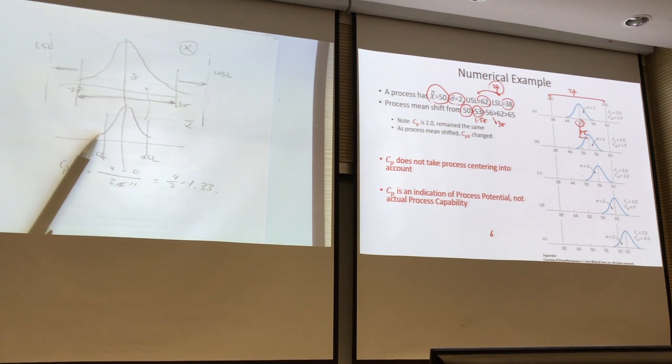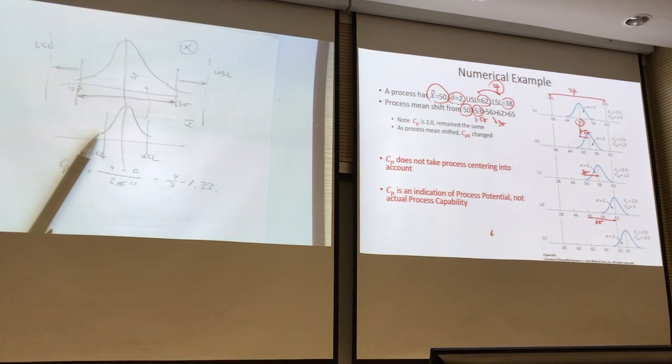When we move to 62, 12 divided by 2 is 6, so 6 sigma.